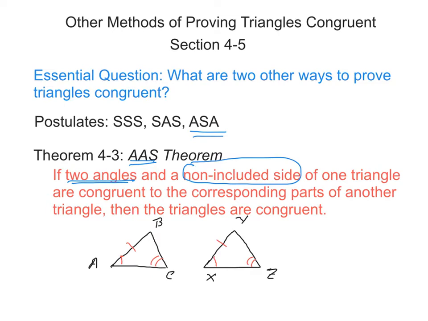So angle B has to equal angle Y. All right? And if B is equal to Y, we can prove these two triangles congruent by angle, side, angle. Because we've got the angle A and X, we've got the angle B and Y, and then we have the side between them, AB and XY. So therefore, we have proved this theorem.